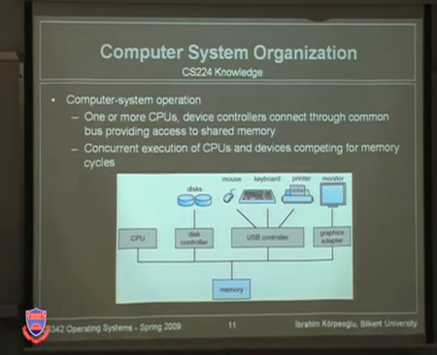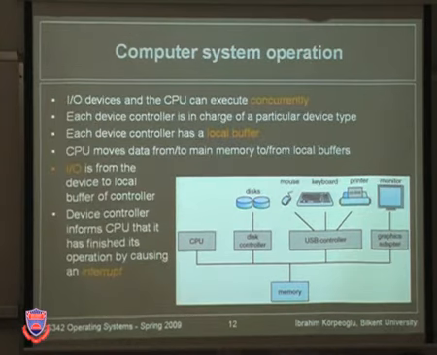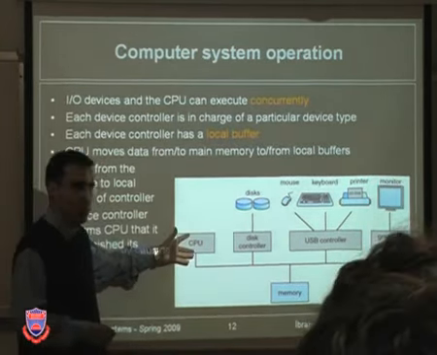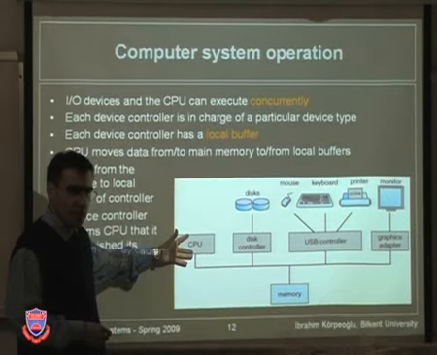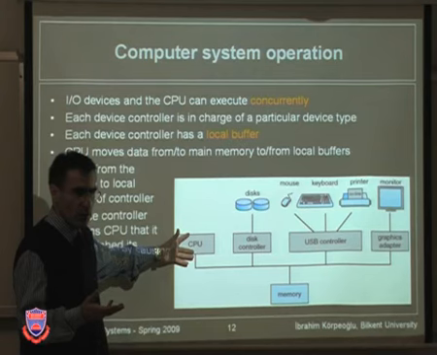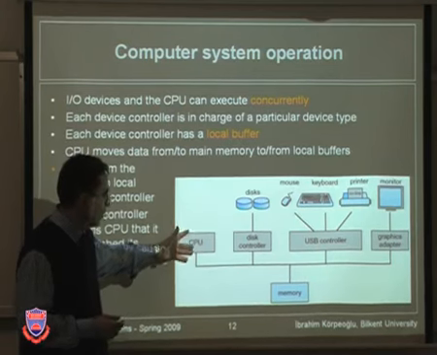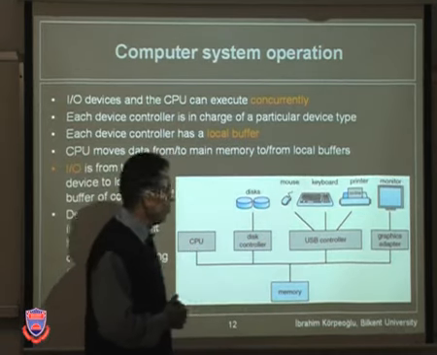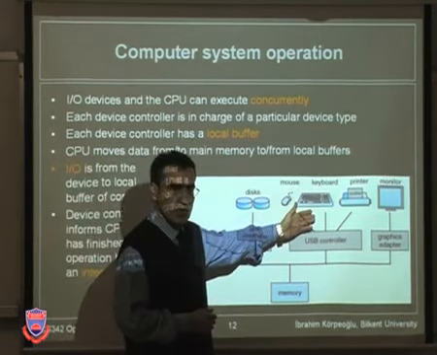They are also running concurrently. So I/O devices and the CPU can execute concurrently, meaning that while the CPU is executing some instructions of an application, the program that you have written and are running, the other I/O controllers can do something with the respective I/O devices.